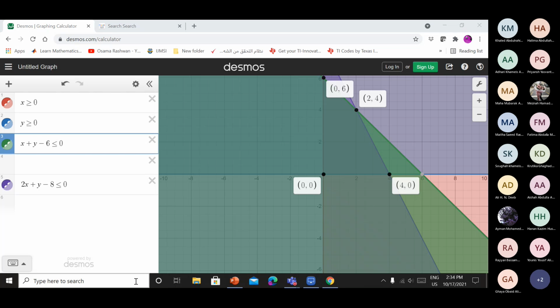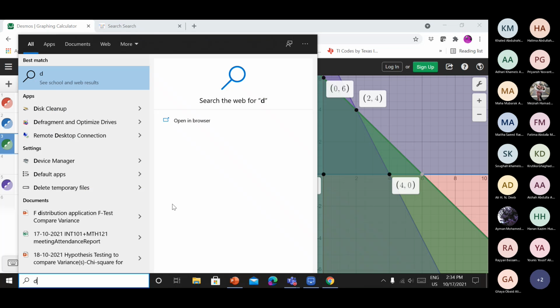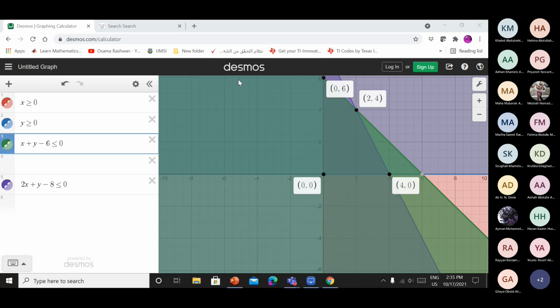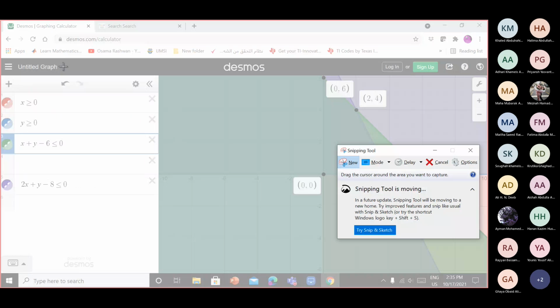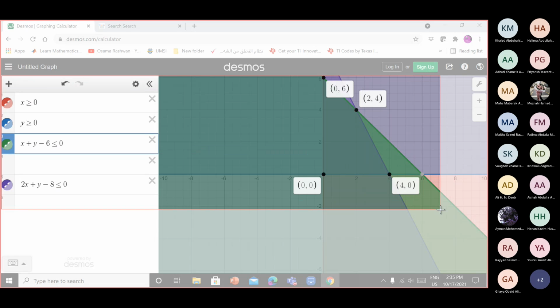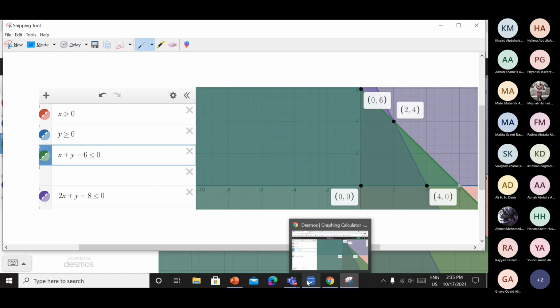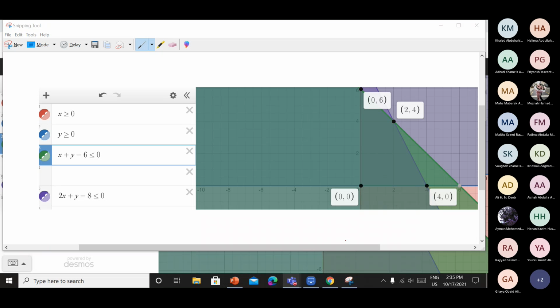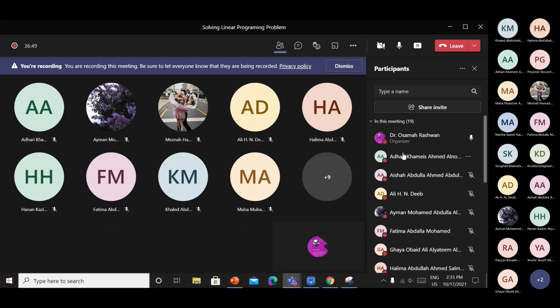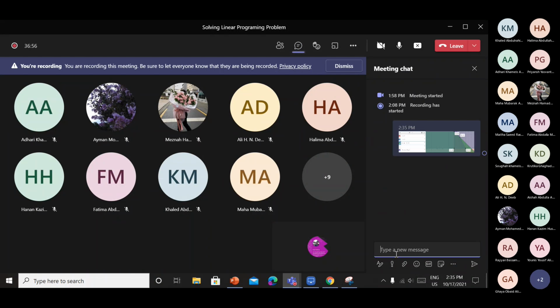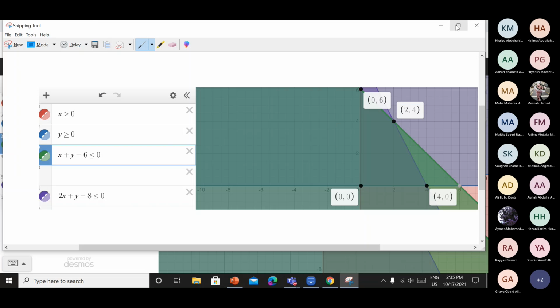Now I can do it by Desmos and I can do it by hand, right? So this is the way of graphing the system of linear inequalities. It is exactly like graphing a system of linear equations, but the difference is you decide to get the area below or above the line.